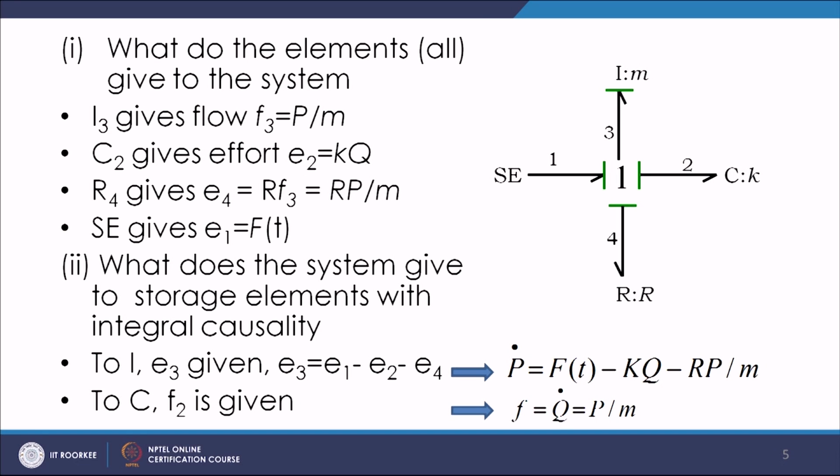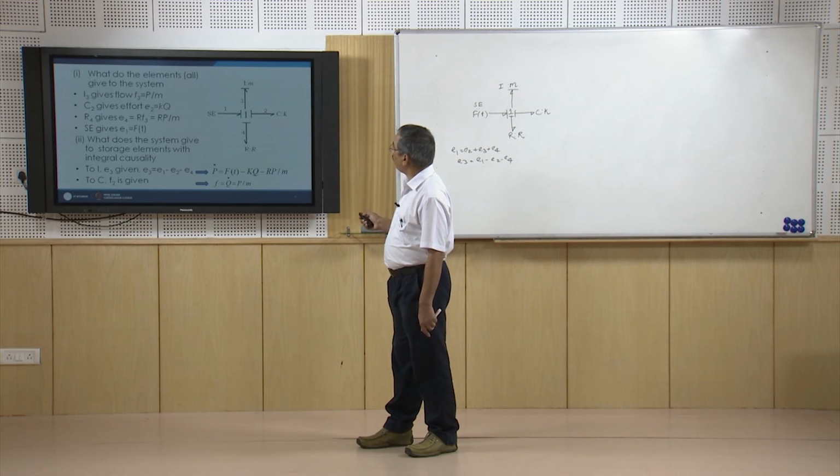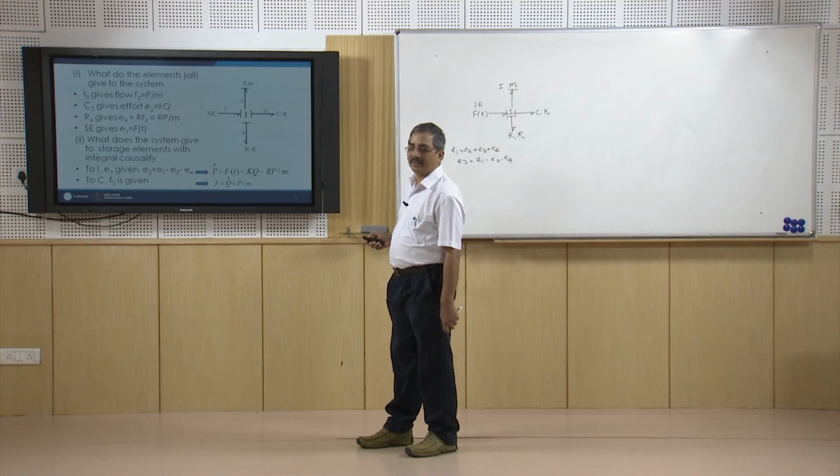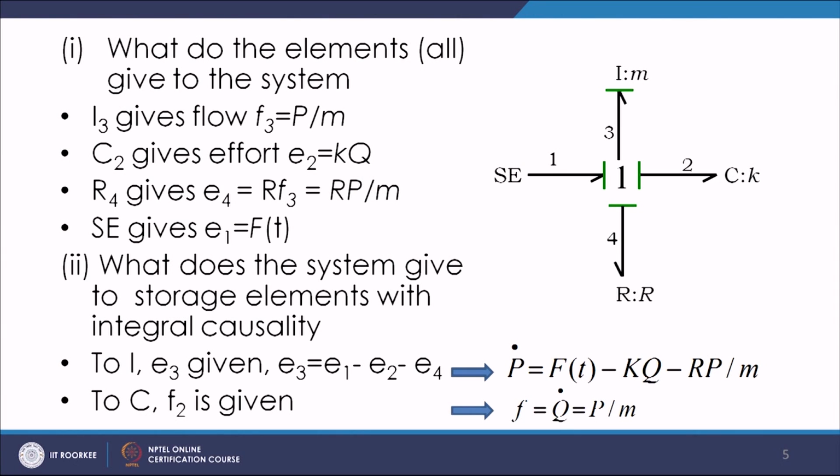Similarly, I can find out what the system is giving to the storage element C. If you look here, the system is giving to the storage element C a flow, okay, and that flow is F2, and again this F2 will be the same as the derivative of the displacement, that is q dot, and this q dot we have already found is going to be equal to P by m, because this is flow and this element is connected to the constant flow junction.